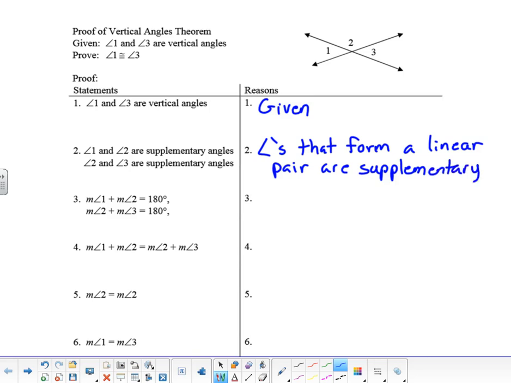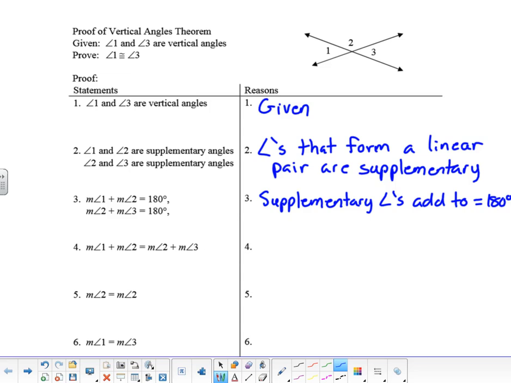So now we can say the measure of angle 1 plus the measure of angle 2 equals 180. The measure of angle 2 plus the measure of angle 3 equals 180. The reason for that is that supplementary angles add up to 180 degrees.